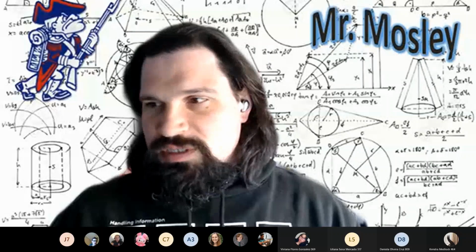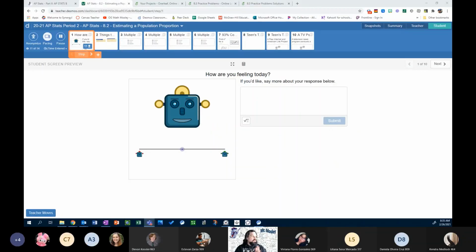Those are the two options. All right, everybody, we're going to get started. I see that there's a couple of students who still have not joined the activity. Please do so in the next couple of minutes so that you can participate and get the opportunity for the amazing learning that's going to take place today about estimating population proportion.